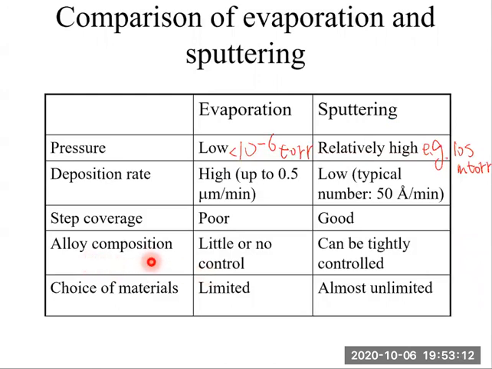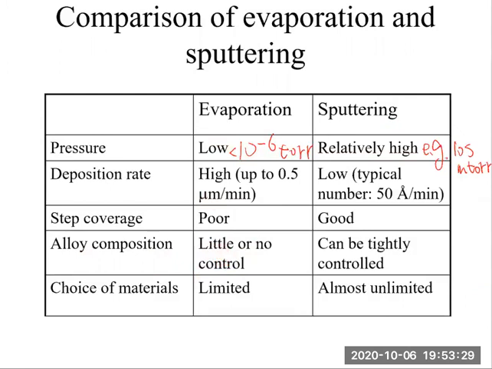Alloy composition. Evaporation has little or no control. So evaporation is not good for alloy deposition because different metals have different vapor pressure.